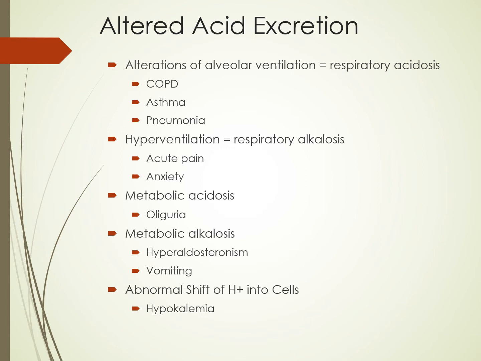Altered acid excretion through cellular metabolism. Two types of acid are excreted by two different organ systems. For this reason, altered acid excretion occurs in many disease processes that affect lung and kidney function. Carbonic acid excretion occurs by gas exchange in the lung alveoli, followed by exhalation.